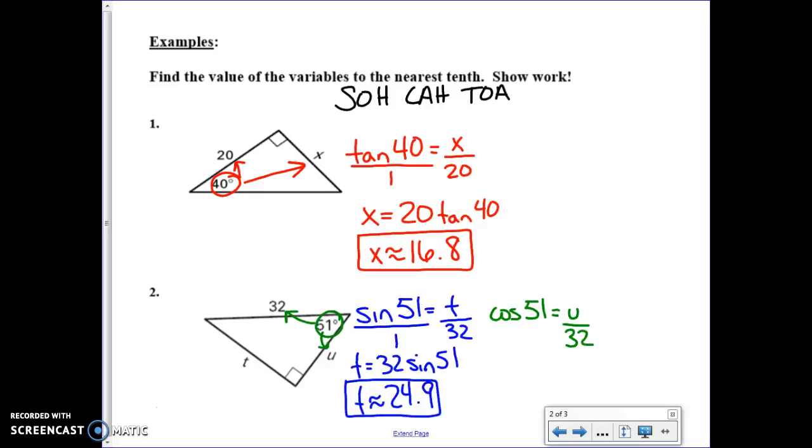I'm going to put that over 1, and cross multiply. So u equals 32 times the cosine of 51. So u is approximately, when I plug that in, 20.1.